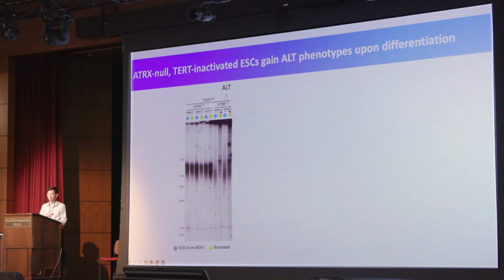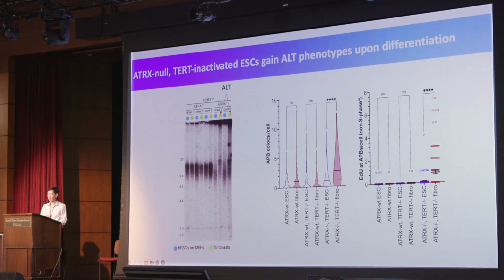However, when you have HRX knocked out, in the ES state, they are short. When you differentiate, they gain this heterogeneous and increased length phenotype that is characteristic of ALT cells. We also performed APB assays, as well as looking for telomere synthesis inside APBs, which is another hallmark of ALT. And both go up specifically in the HRX knockout cells upon differentiation from the ES state.